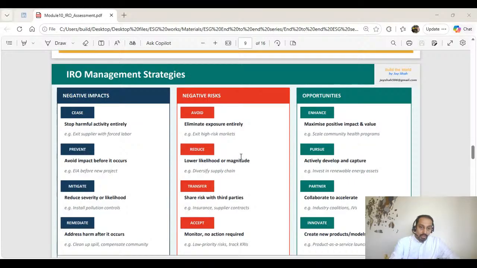Avoidance means eliminating your exposure entirely, exiting a high-risk market, and it can be done through very specific actions. Then pursuing the opportunity. For opportunity, the framing shifts completely. You are not managing downside, you are maximizing your upside, enhancing your positive impacts, and scaling the programs that are already delivering.